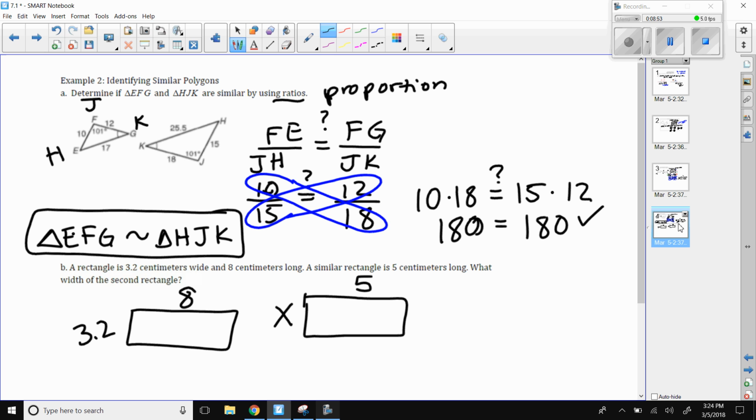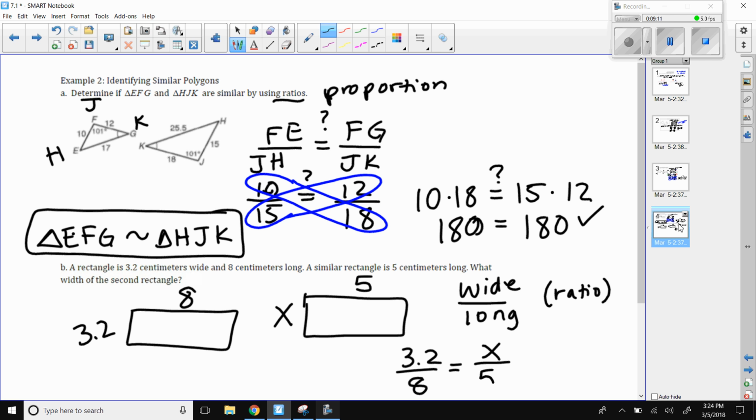Okay, so we want to make a proportion for this. So we want to go wide over long as our ratio and set them equal. So 3.2 over 8 equals X over 5.